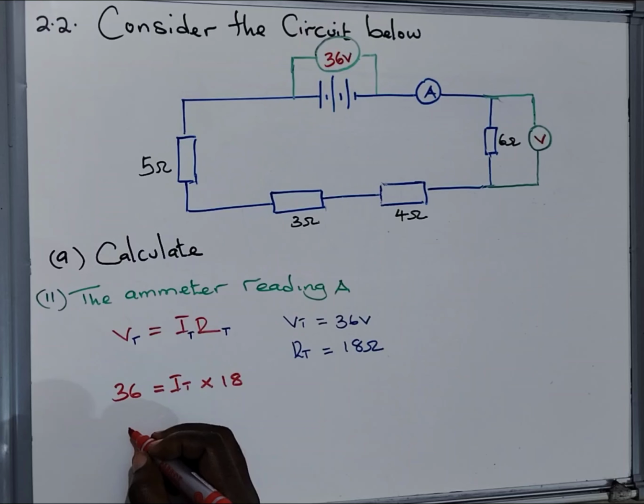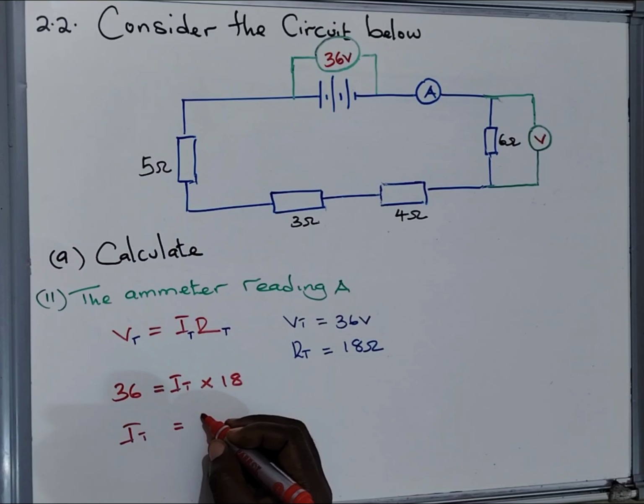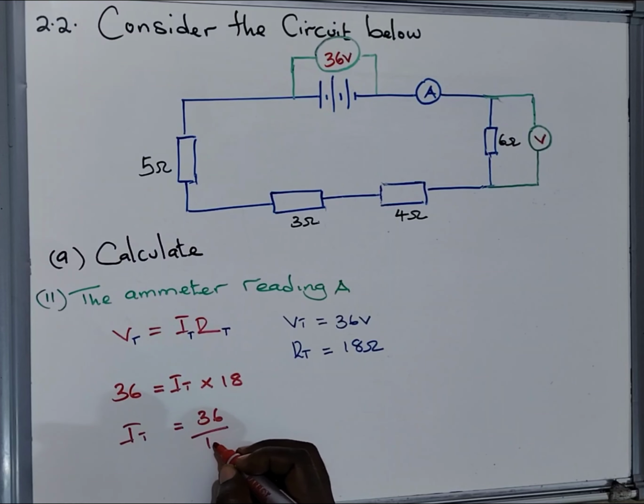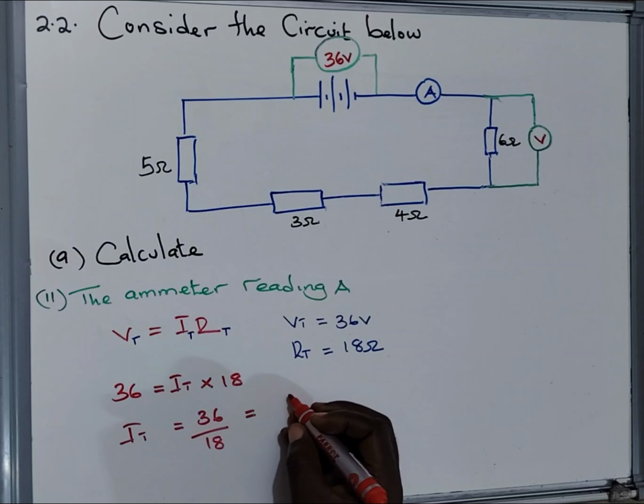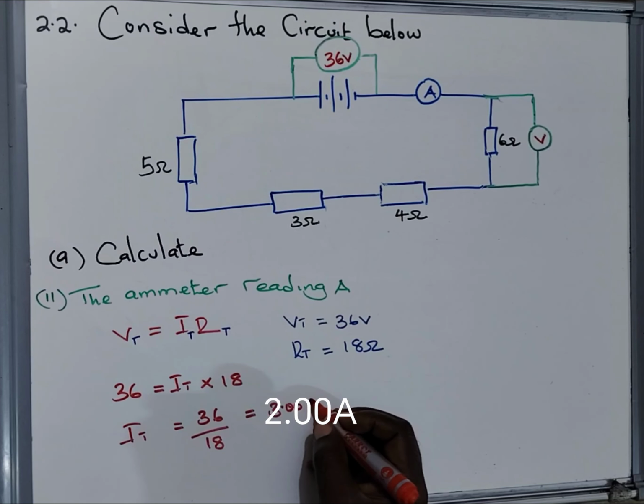What does this mean? It means that I total or I terminal is going to be 36 over 18, giving you 3.00 ampere.